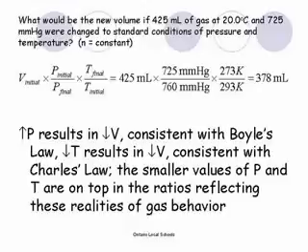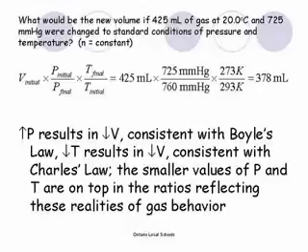And again, note that we do not use Celsius temperatures when we deal with gas laws, only Kelvin. So those units cancel, we're left with milliliters, and our 425 milliliters times these two ratios gives us a final volume of 378 milliliters.